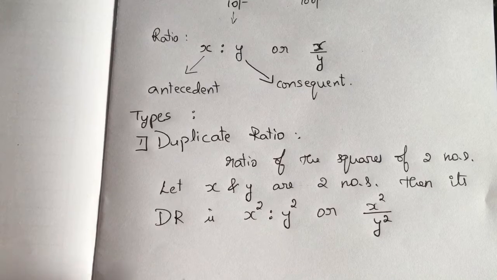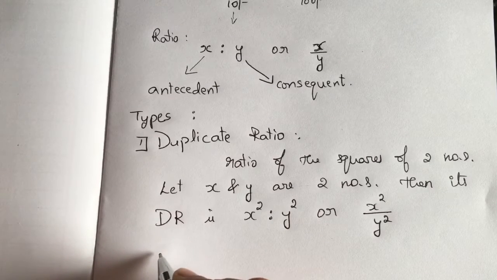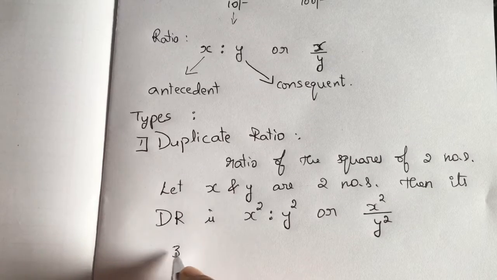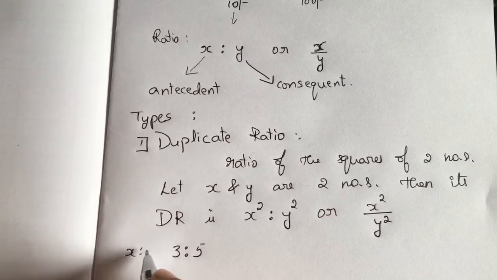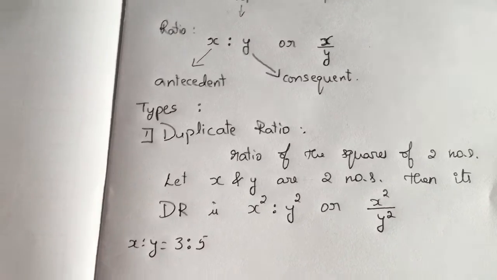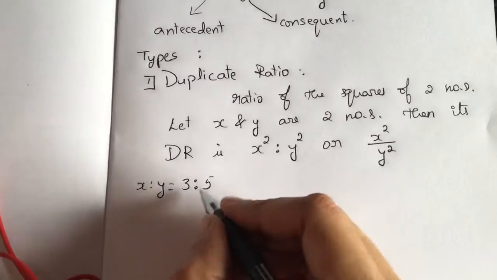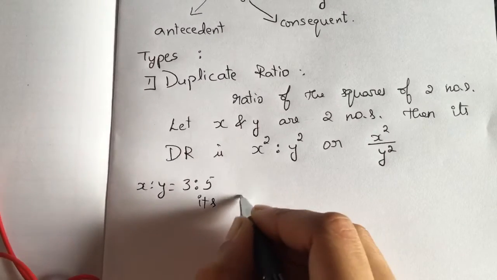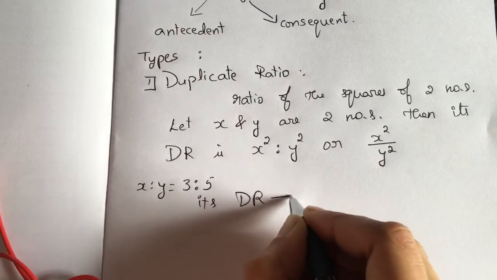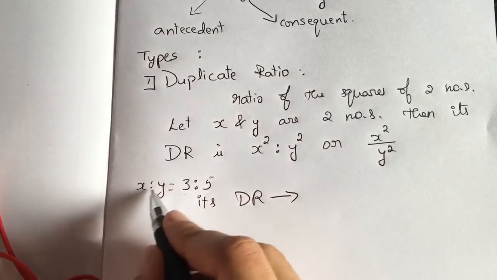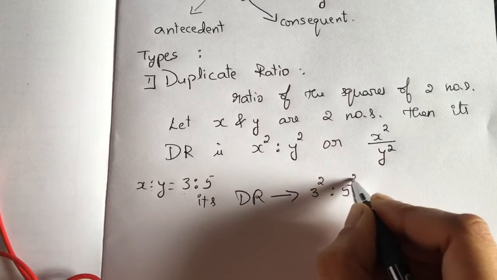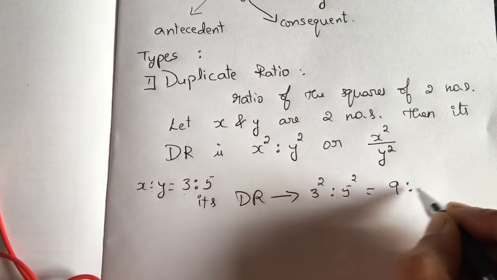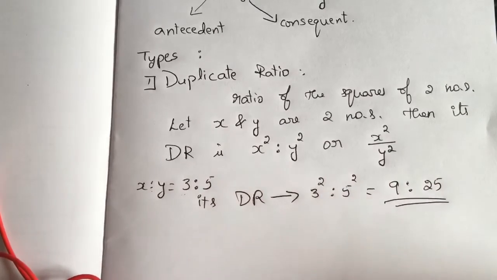Suppose the ratio 3:5 is given to us, X is to Y is 3 is to 5, then its duplicate ratio is the square of this: 3 square is to 5 square, which is 9 is to 25.